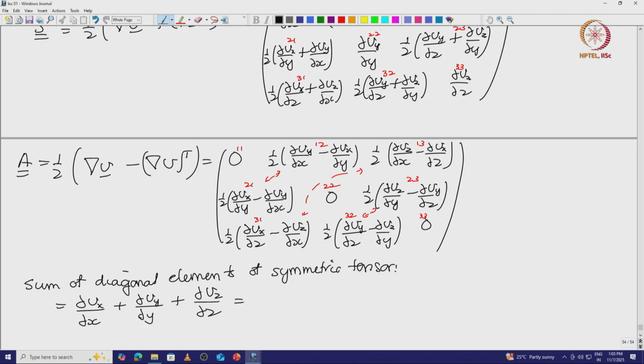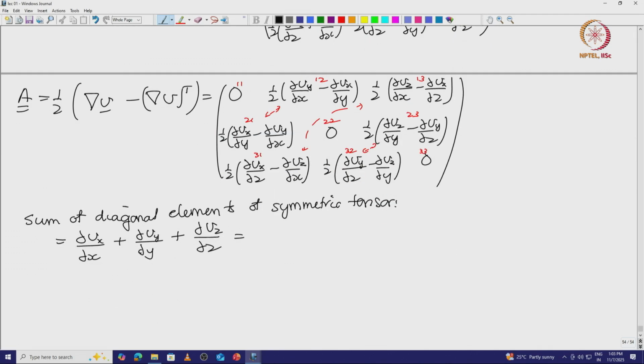That is the sum of the diagonal elements of the symmetric tensor, and this is just the divergence of the velocity.